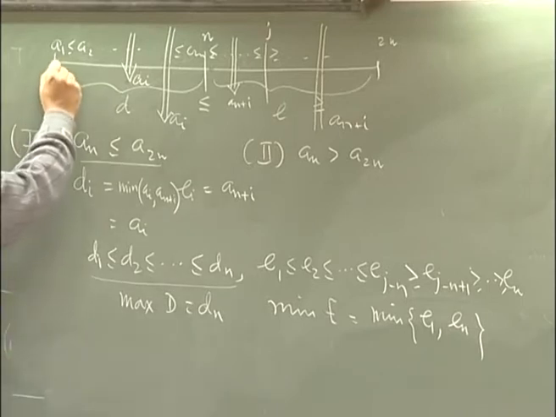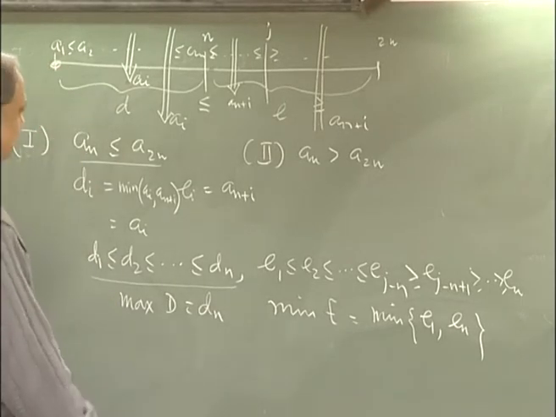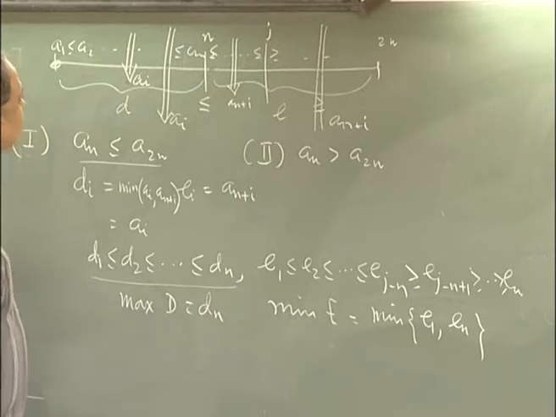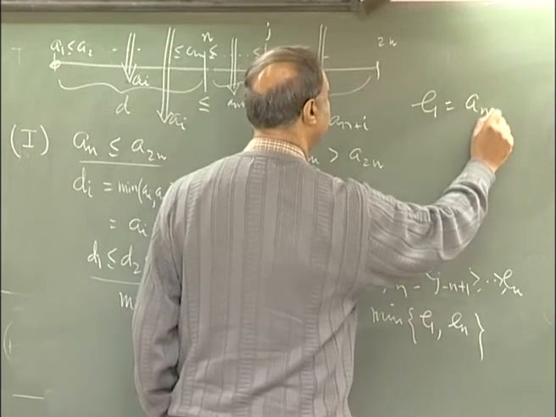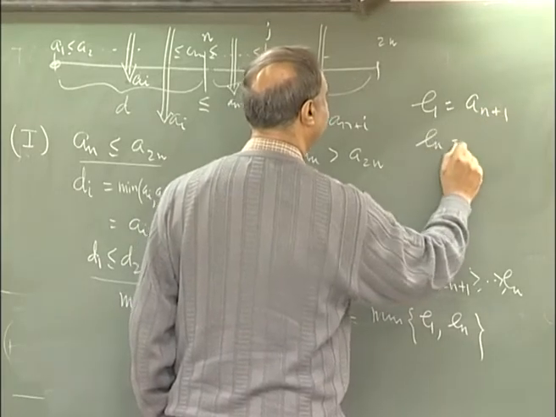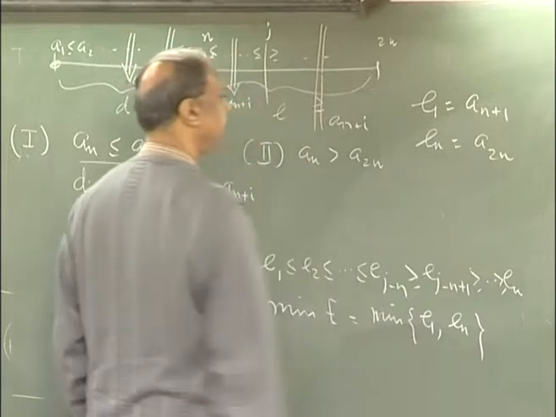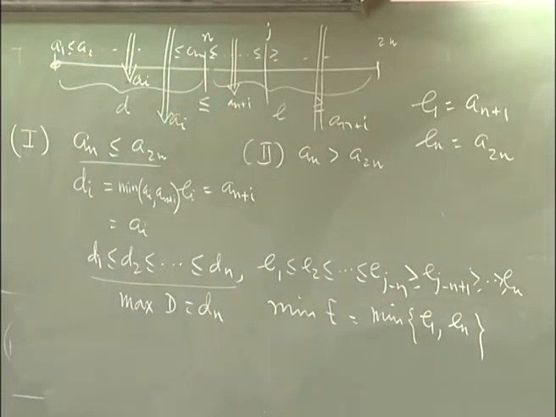Now, E1 is your An plus 1 and En is your A2n. Agreed?